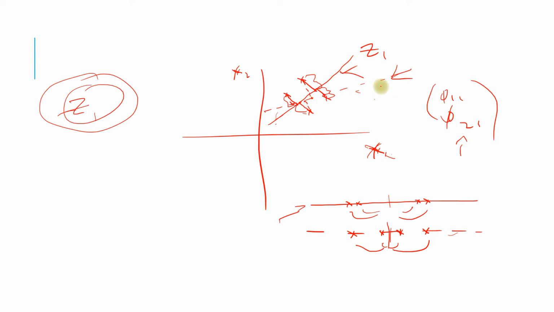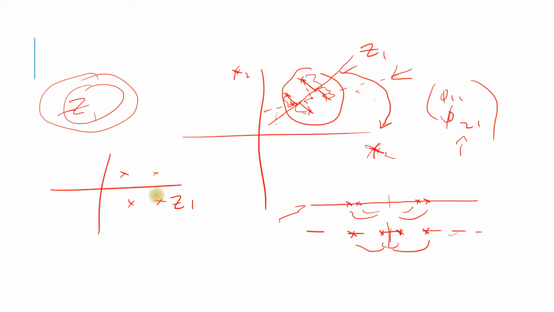So just rotate that and make it horizontal like this one. It's like reorganizing your data, transforming your data into a new set. Your points that were originally here will be moved onto a new set of axes where you have z1 here, and those points would be located somehow like this on the new axis. Remember that you are moving from X to a new set of variables. How did you get this new variable z1? Through a linear combination of your feature space.